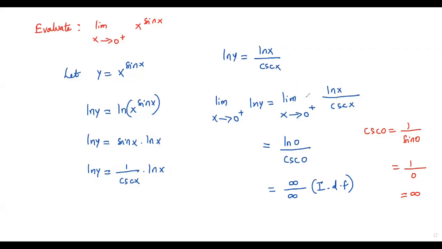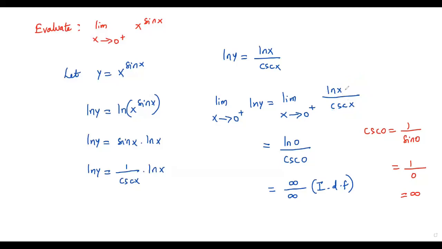So applying L'Hopital's rule means we find the derivative of the numerator and the derivative of the denominator separately. Here we find variable x in both numerator and denominator. Usually when we have a variable in both and want to find the derivative, we use the quotient rule. But when we use L'Hopital's rule, we are not supposed to use the quotient rule. We find the derivative of ln x and the derivative of cosecant x separately.